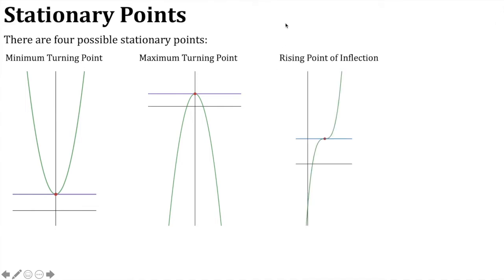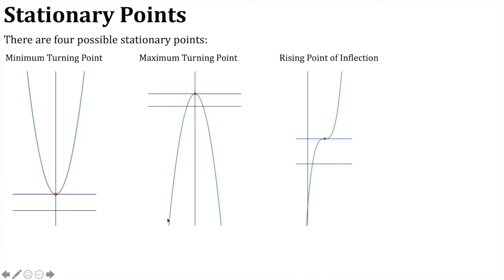We then have a rising point of inflection. And what you can see here is the curve is increasing. The stationary point happens and the curve continues to increase. Now that's quite a different behaviour from the first 2 options, because in the minimum turning point it was decreasing, the stationary point happened, it was then increasing, so the gradient changed.